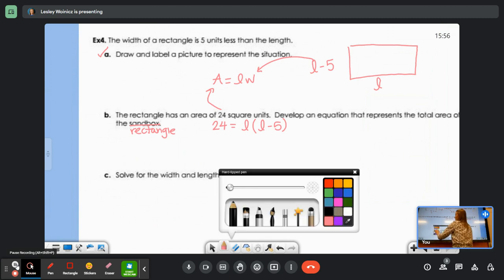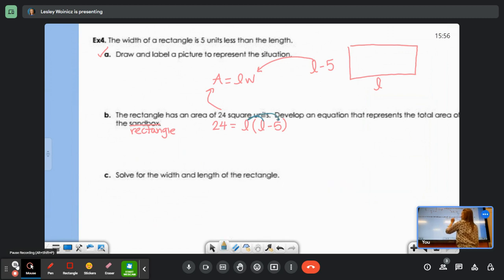All right, now I can distribute my L. I already did this. I wrote an equation. Now I have to solve for the width and the length. So I distribute my L and I get 24 equals L squared minus 5L. Subtracting away the 24 from both sides makes it negative over here.